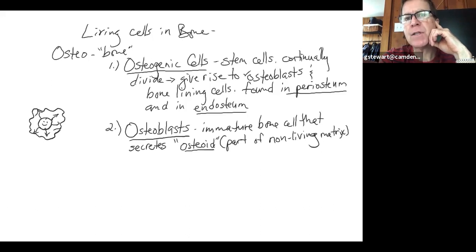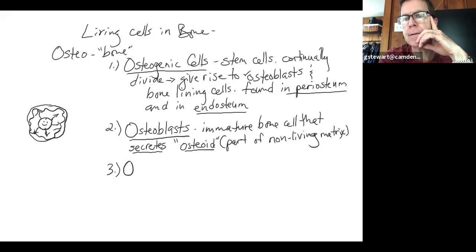When it surrounds itself with this secreted matrix, it stops secreting, and we call it a mature bone cell or an osteocyte. So it secretes when it's young, and then after it encases itself, it stops secreting, and we call it an osteocyte. And now it is a mature bone cell.